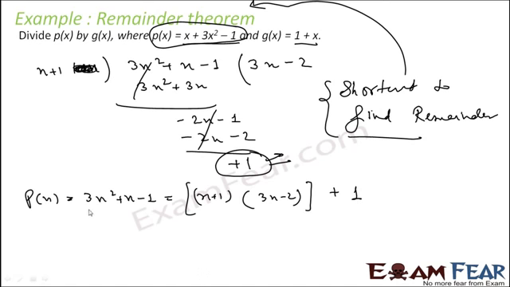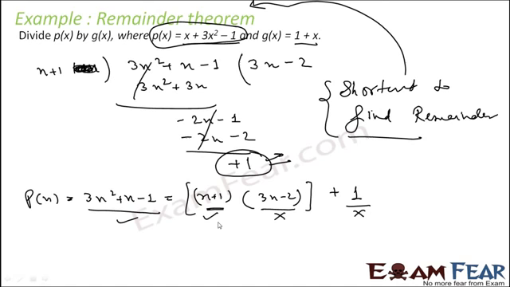Okay, now if you see, this was known to me before dividing. The 3x minus 2 was not known to me before dividing. This came actually when we divided. 1 was also not known to me before dividing. The only two things known to me were these two.